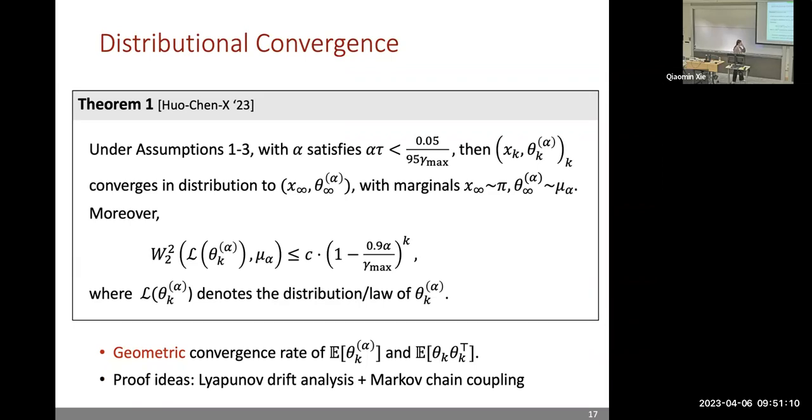In particular, just using the results from Lei's paper is not enough to show these results. We need to refine the analysis to get a tighter bound, and by using a particular Markov chain coupling, that together allows us to establish this result.